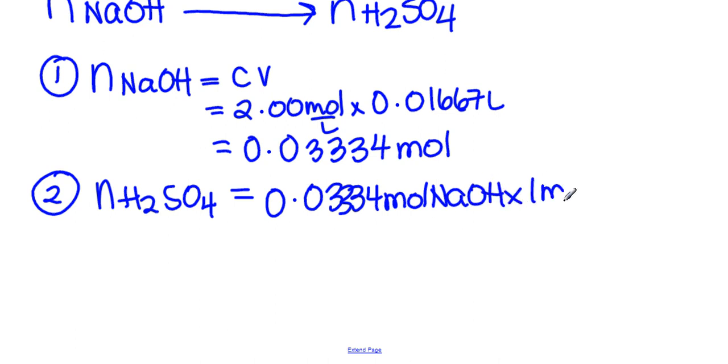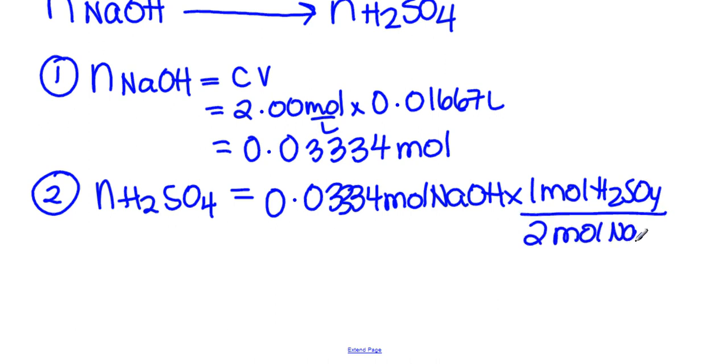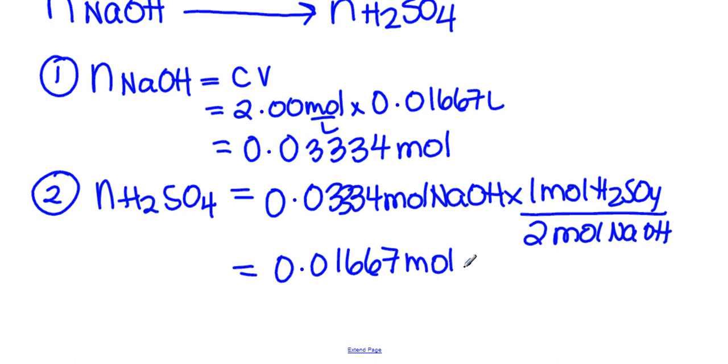Okay, and then I've got 1 mole of acid for 2 moles of base. So in my calculator, 0.03334 divided by 2, I'm going to get 0.01667 moles of acid.